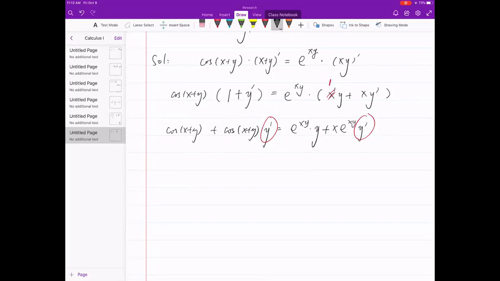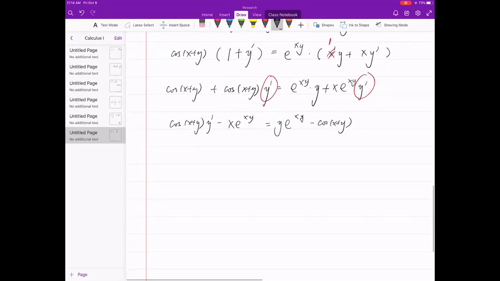Move the y primes together, and everything else together. The reason you put them together is you want to factor them out and finally divide.